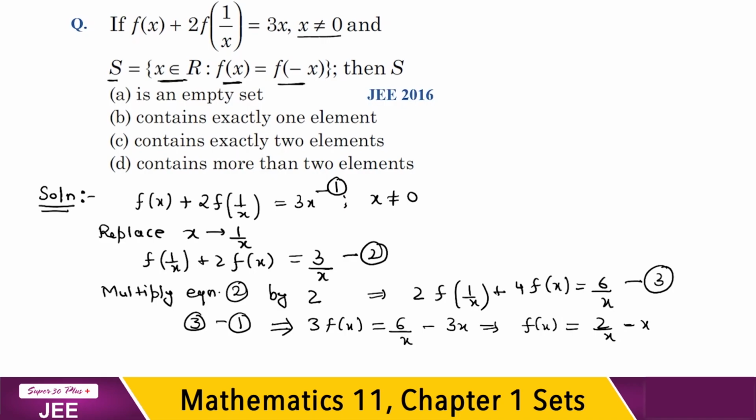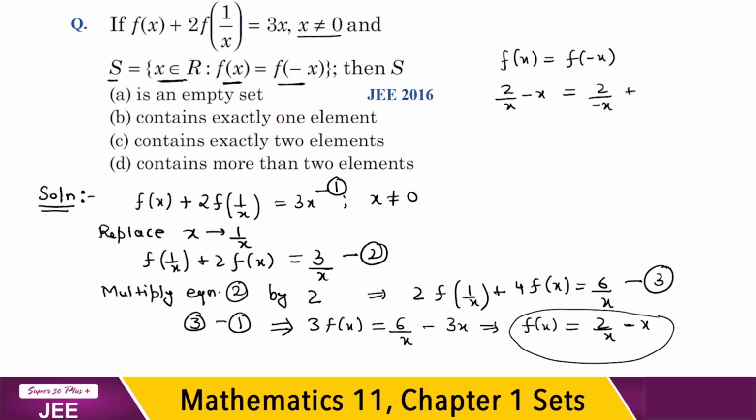Alright students, now in set S we have been given f(x) to be equal to f(-x). So this function satisfies this relation. So we can say that 2/x minus x is equal to 2/(-x) plus x.